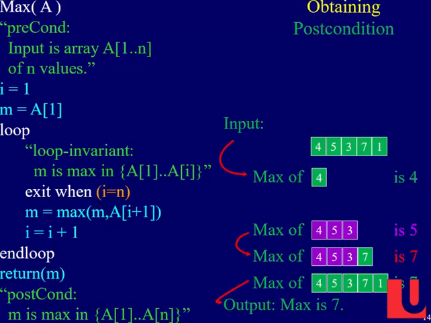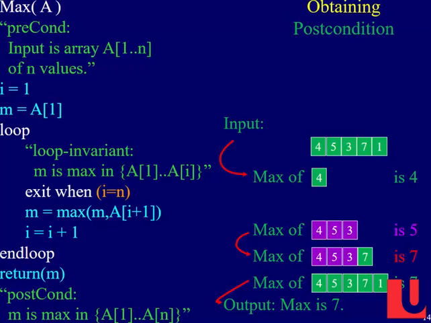The reason I'm a little nervous about it is you're talking about what happened in the past versus what's happening in the future, and you have to keep track of what you mean. So here, I just want to say this is a static picture without time. And the static picture is m is the maximum of the first I guys.